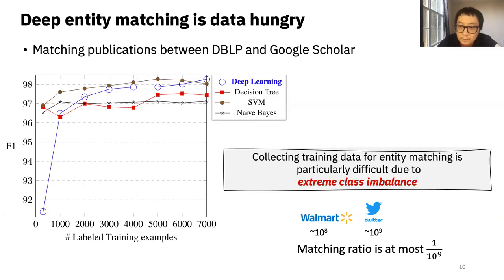So it's a very, very low matching ratio. It means that if you randomly sample examples to label so that you can create meaningful training data for the deep learning algorithm, this task will fail, because most of them will be negative examples, but you need positive examples to train a deep learning model, right?